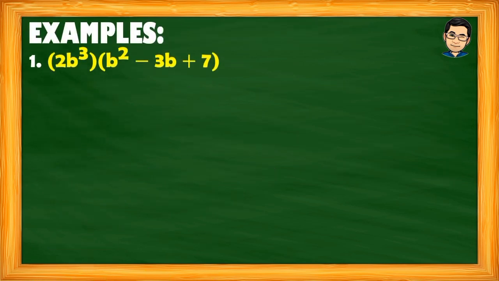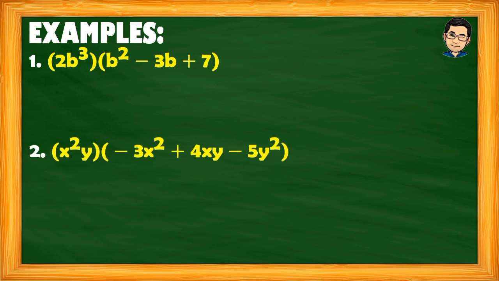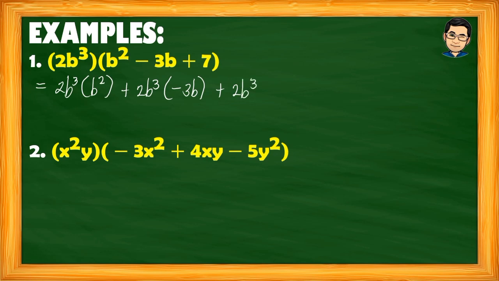So, our examples. Number 1, 2b cubed times the quantity b squared minus 3b plus 7. Para mas makita nyo, di-distribute natin yung 2b cubed. So, 2b cubed times b squared, plus 2b cubed times negative 3b, and then plus 2b cubed times 7.